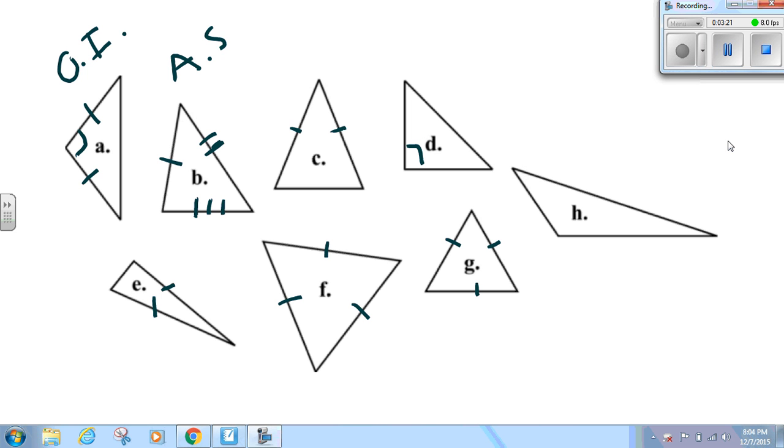C, notice that the 2 tick marks are showing 2 same sides, like A, and all of the angles again are less than 90, so this would be an acute isosceles.